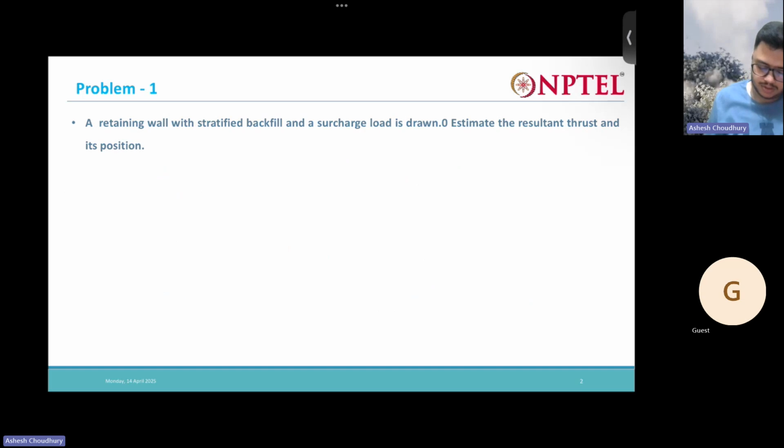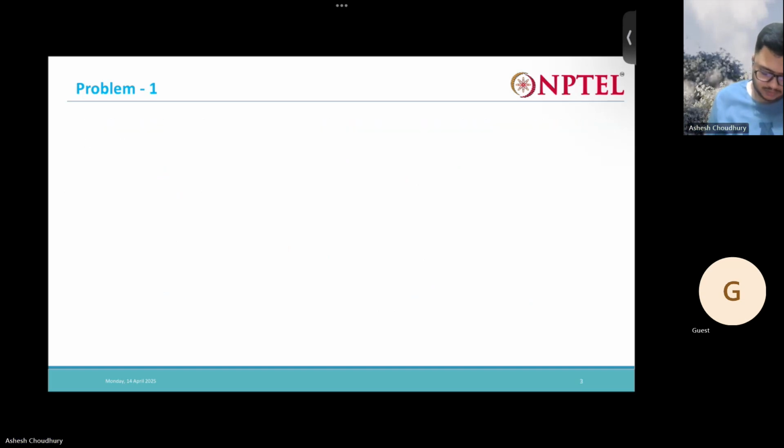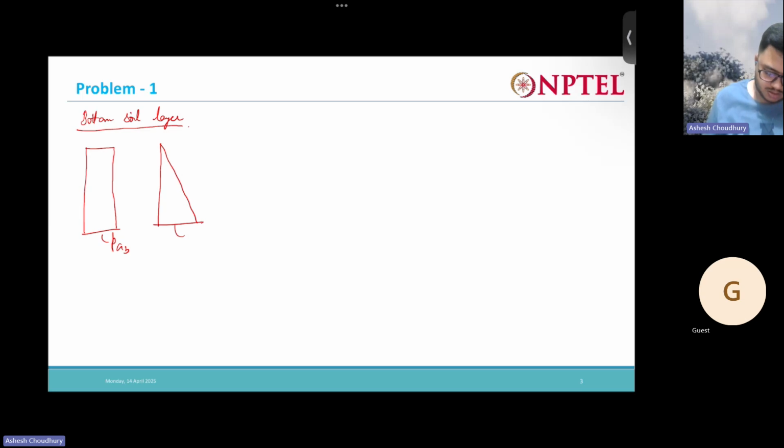Now let us see the bottom soil layer. In the bottom soil layer, again we will have a surcharge-like arrangement. This will be small Pa3, and again an angular arrangement, Pa4.